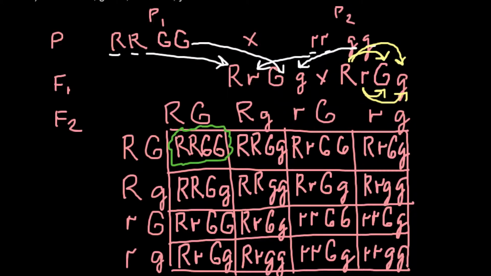In the next cell we have capital R. This means that this is going to be wrinkled, and we have capital G and small g. That means it's also going to be green. So wrinkled and green.